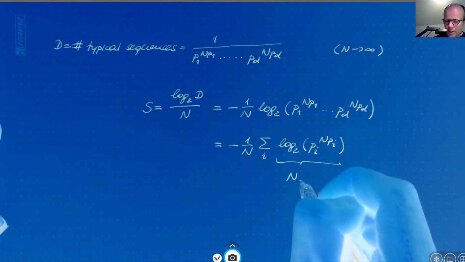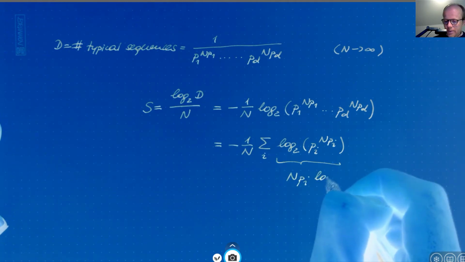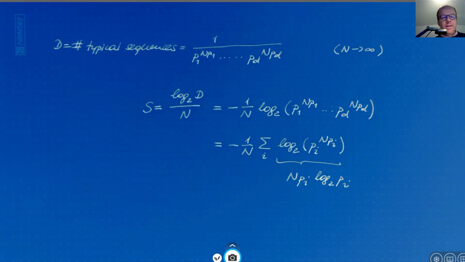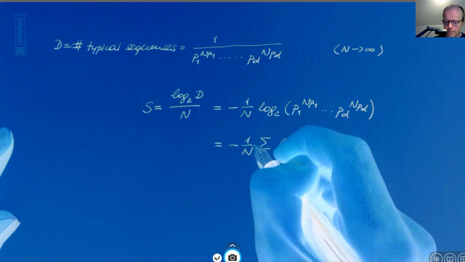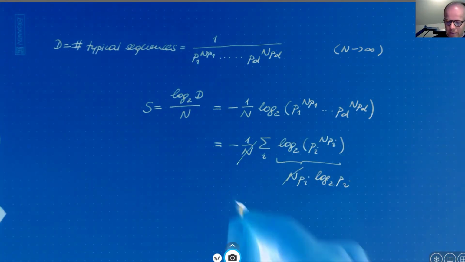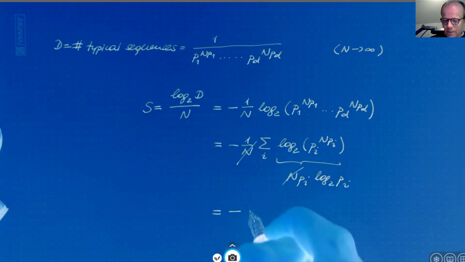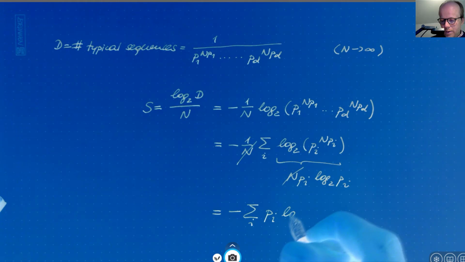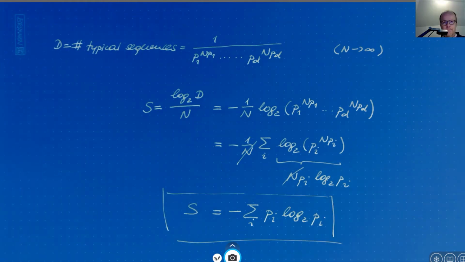Now this is n p_i log p_i. And you see the number of trials cancels out here. And we are left with minus the sum p_i log p_i. And this is the general formula for the Shannon entropy.